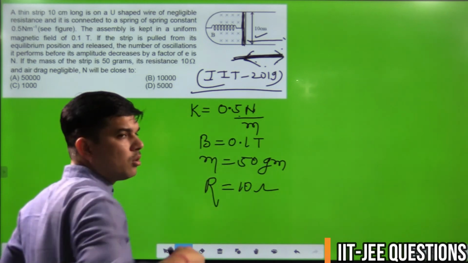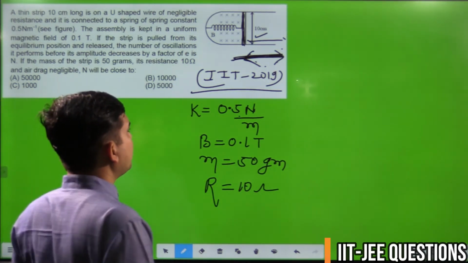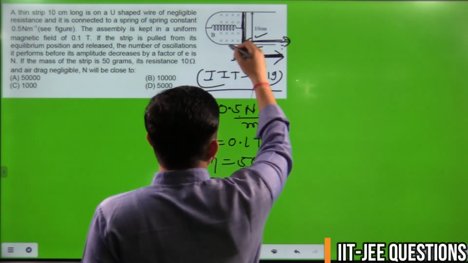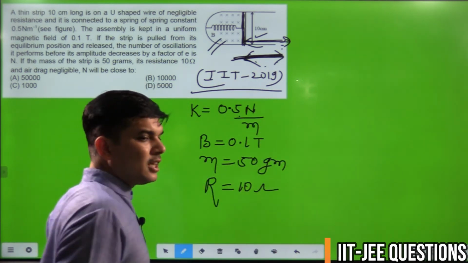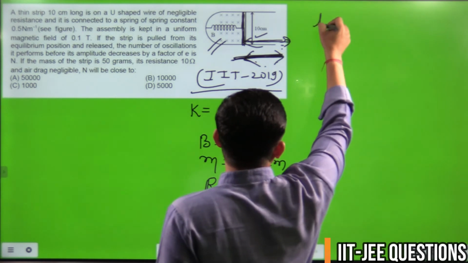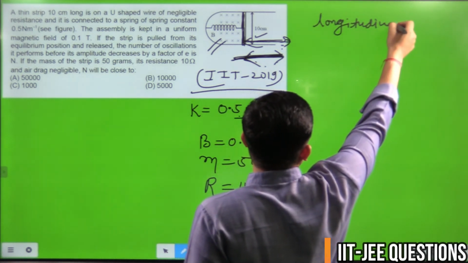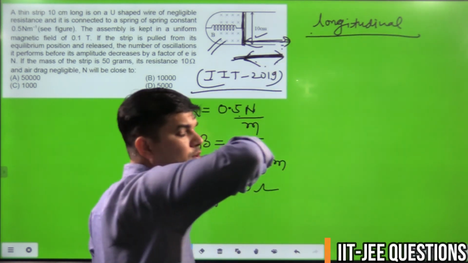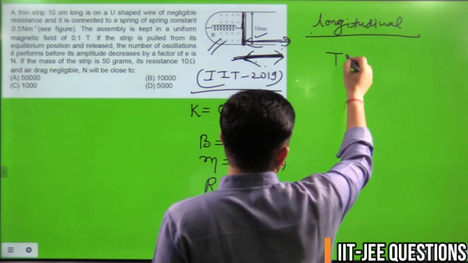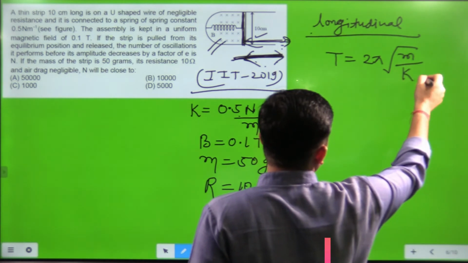Let's think about the nature of oscillation. Which type of wave will be induced if the object oscillates in this direction? As we know, in the case of a spring, the oscillation or wave produced is longitudinal, and in the longitudinal wave the time period of oscillation will be T equal to 2 pi root m by k.